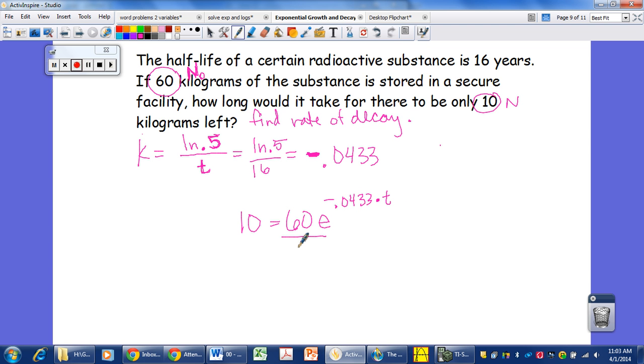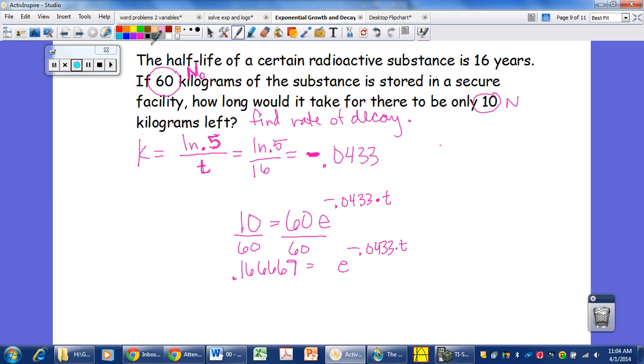Our three steps: first, divide. We divide both sides by 60. 10 divided by 60 is 0.1666667, which equals e to the negative 0.0433 times t.